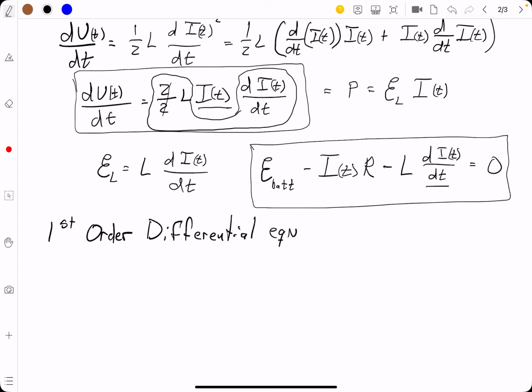Okay, and it's a first order differential equation in I of t. So if I of t was an x, then it would be a first order differential equation in x. Or if it was a y, it would be in y. But it's not. It's an I of t, so it's a first order differential equation in I of t.